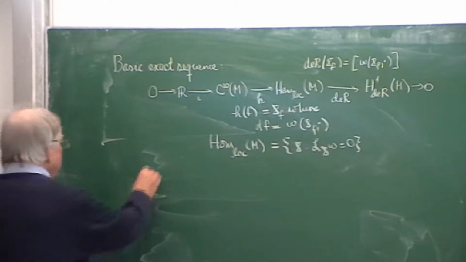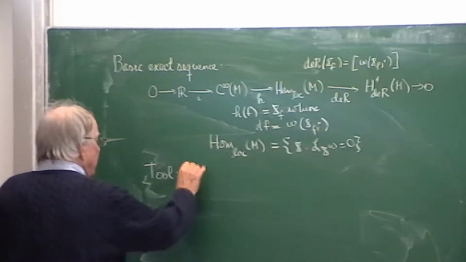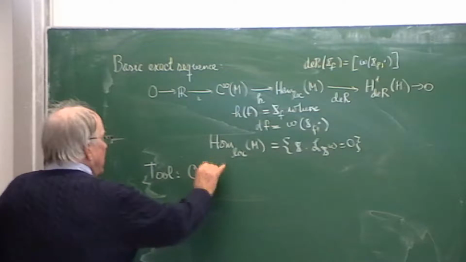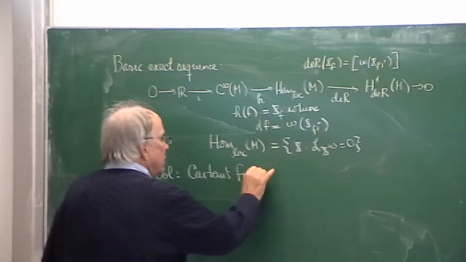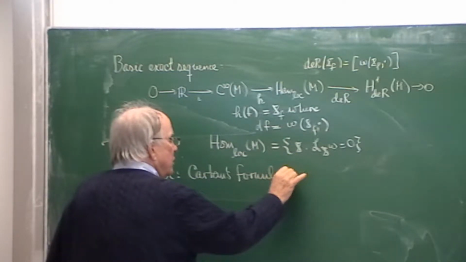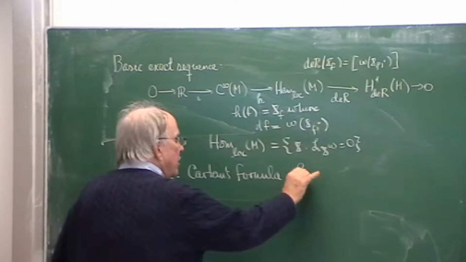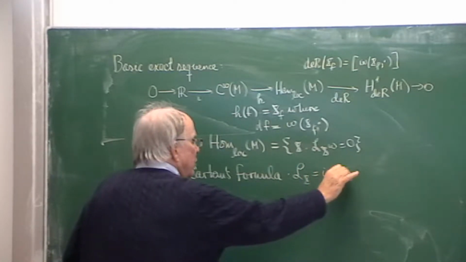And the tool here to prove this is Cartan's formula, which is an extremely useful tool in general, which tells you that the Lie derivative of anything is the anti-commutator with the d operator.